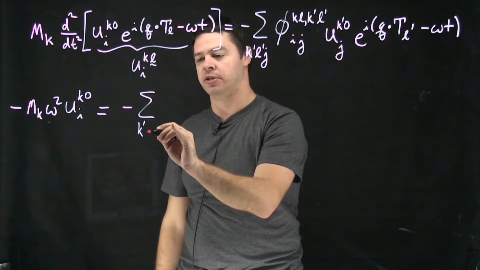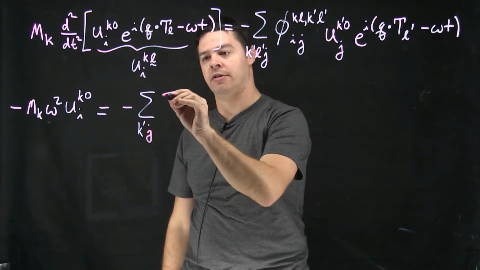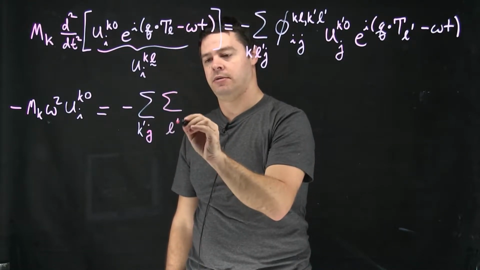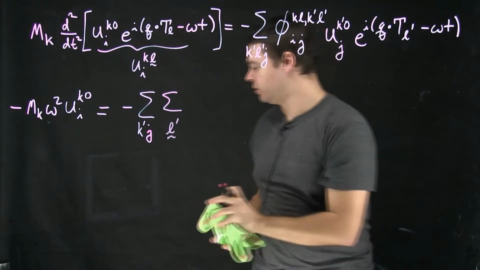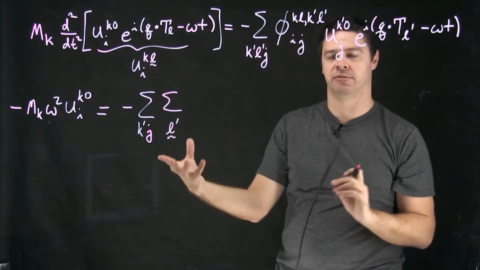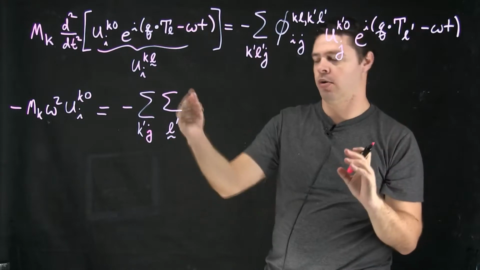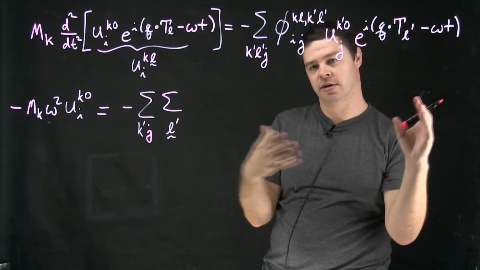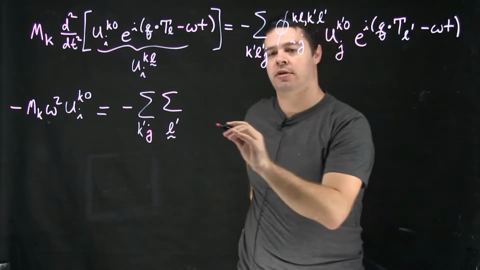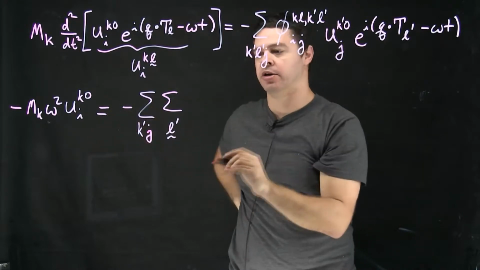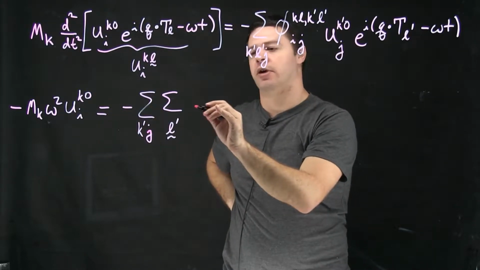I'm just going to explicitly write one of them a little separately than the others. So this is the summation over all of the possible unit cells that could be interacting with the atom in question. Okay, so let's do that.